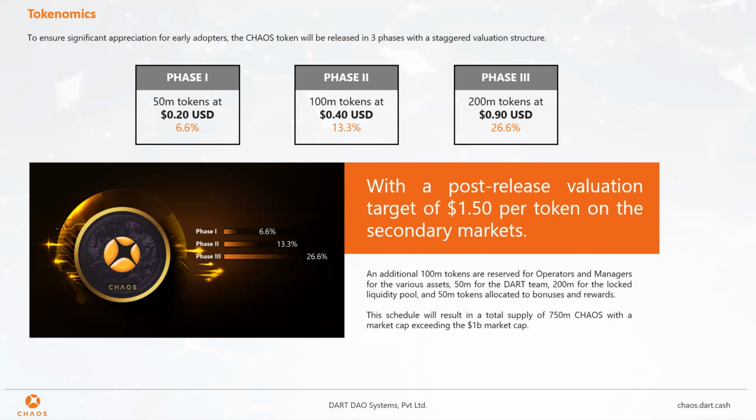The point of having a staggered release like this is, first of all, to make sure that the early adopters and the early investors into the project have a very clear mechanism by which you have some benefit as you're going from phase to phase. The second is because the kind of assets we have on hand right now, we can start turning them on with a fairly small amount of capital because we've already been doing this for a few years.